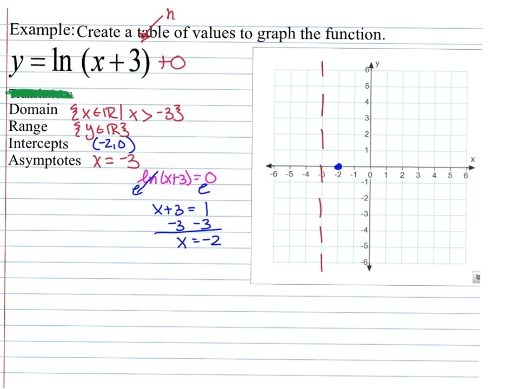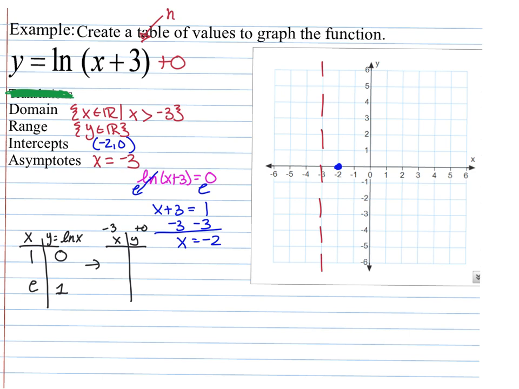Then we're going to do our table. So this one's probably going to have a transformation because we have a plus 3 there. So we're going to have x and y, and the one we're going to do is ln of x. This is our parent function. And then our transformation is going to have a negative 3 shift there and 0 to the y. So when we're doing natural logs, the numbers that I suggest are 1 and e, because e makes everything simplified if you look at your properties. So ln of 1 is 0. Ln of e is 1.